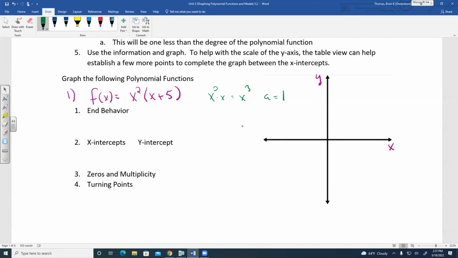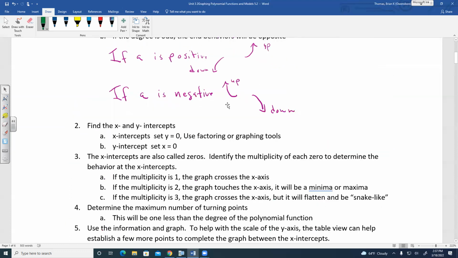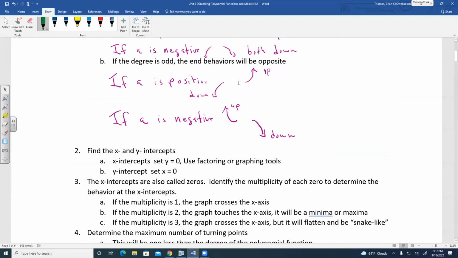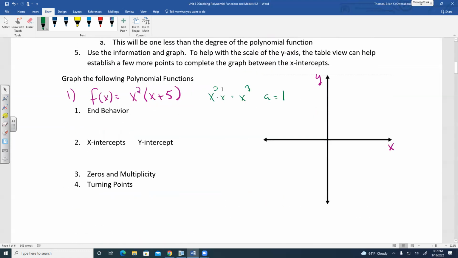So again, if the degree is odd and a is positive, the right side is going to be finishing up and the left side is going to be finishing down. So our end behavior is going to be the left side is going to be down and the right side is going to be up.